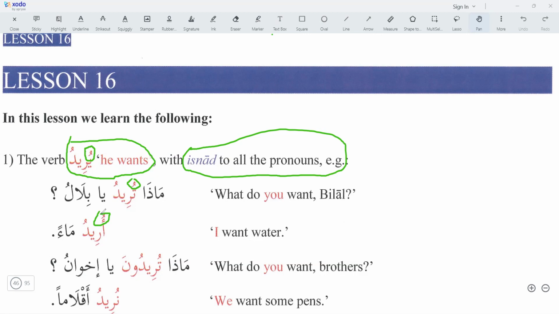In the last lessons, we learned that the harful mudare, alif, hamza, ya, ta, and noon, have fatha.